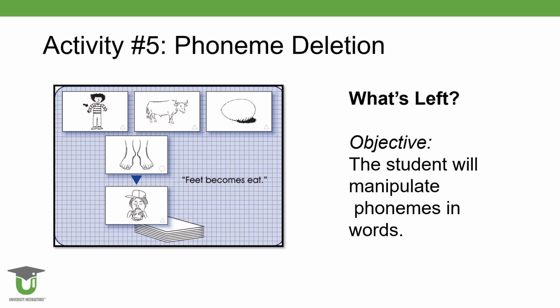They delete the initial phoneme and say the resulting word. For example, feet minus the f initial sound becomes eat. Find a picture that shows eating and keep the pair. Continue until all matches are made. This too can be evaluated through peer evaluation processes.